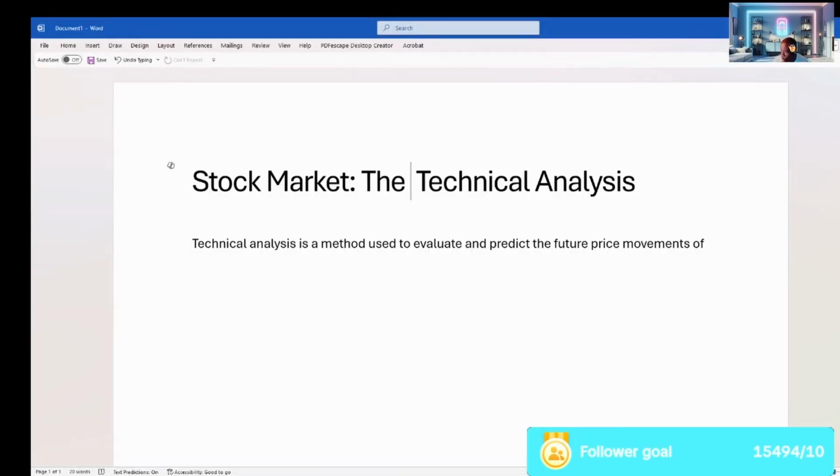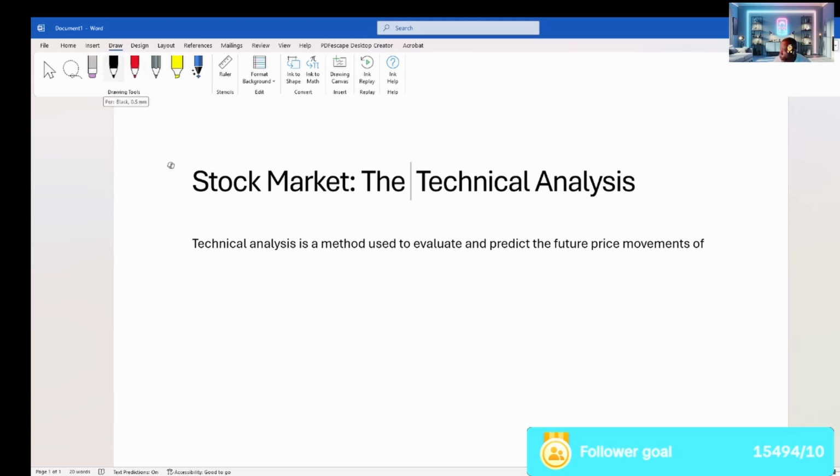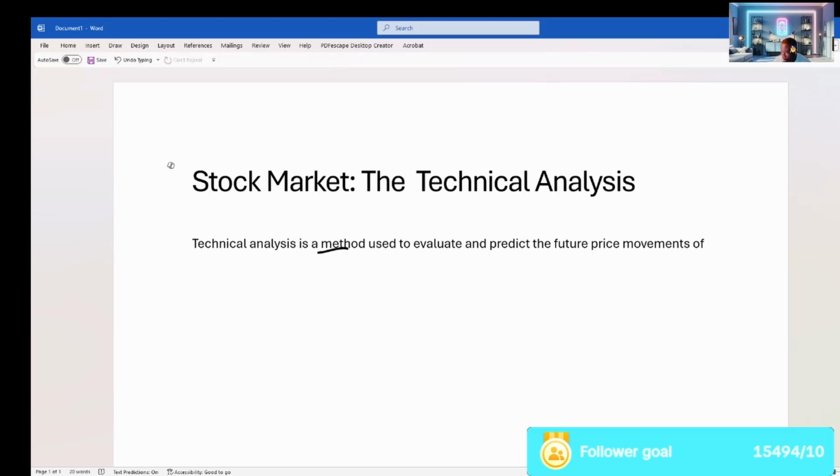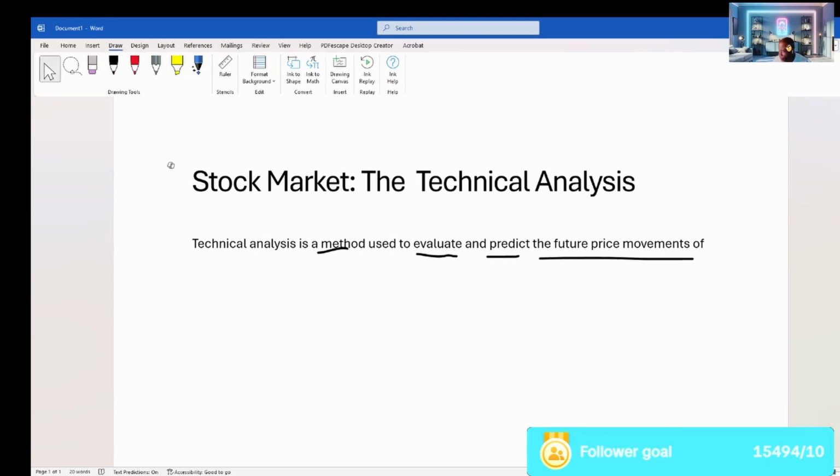I'm going to teach you that because today we're going to do some technical analysis. What is technical analysis? Technical analysis is a method used to evaluate and predict future price movement. And that's what we're going to see today.